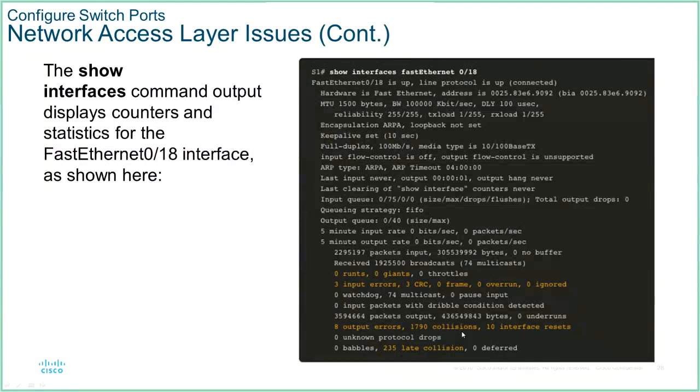Basically it gets collision notifications, how many times it's reset itself for that port, and whether or not there's any late collisions. In other words, it was clear to send, it started sending, and then something else arrived late. One of the reasons you could have late collisions is your cable's too long. Okay, the standard says 100 meters.